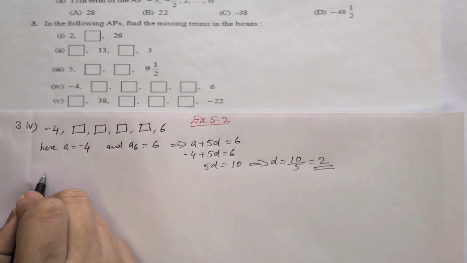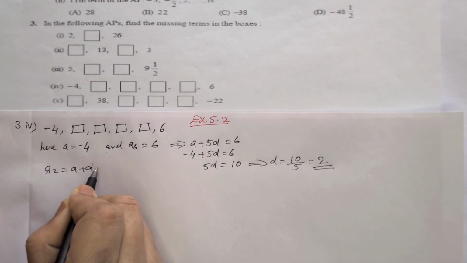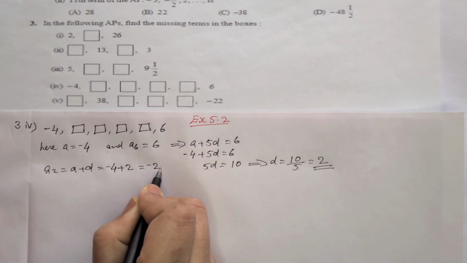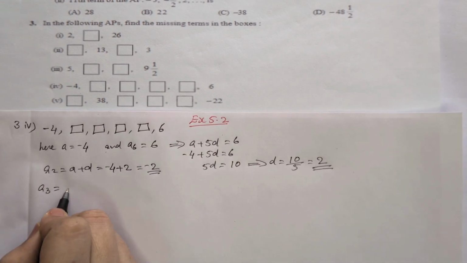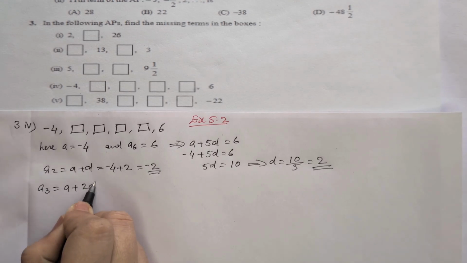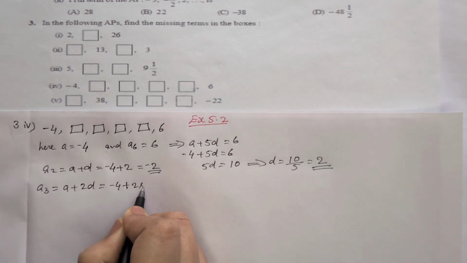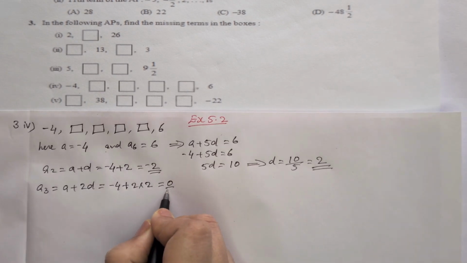Then we can find the rest of the terms. The first term is minus 4. Then a2 = a + d. That means minus 4 plus 2 is equal to minus 2. a3 = a + 2d, which is equal to minus 4 plus 2 into 2, equal to minus 4 plus 4, 0.